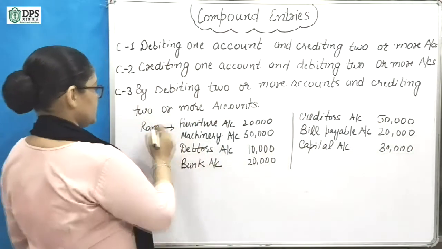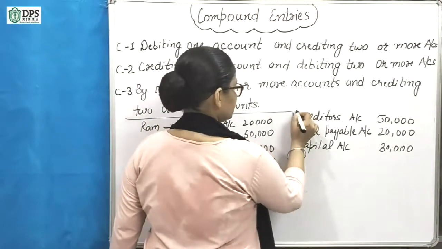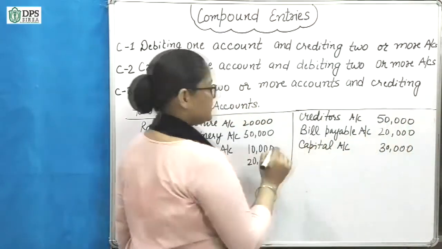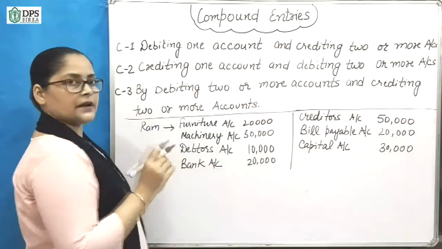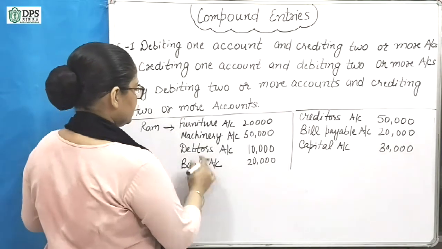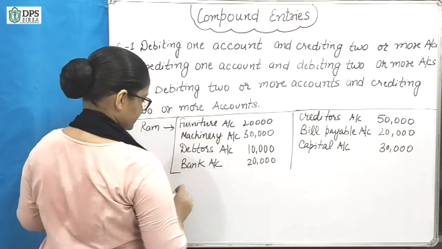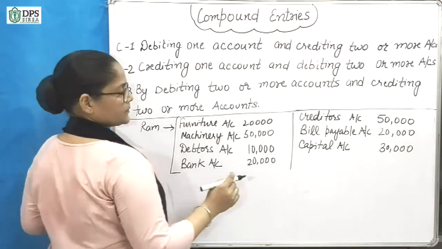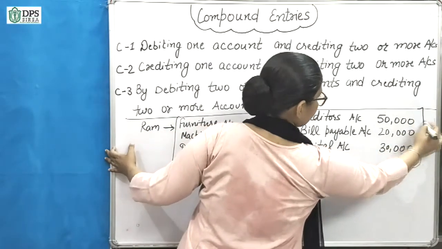So we are purchasing a business from Ram, and this is Ram's running business. So in this we can see these are our assets and these are our liabilities.